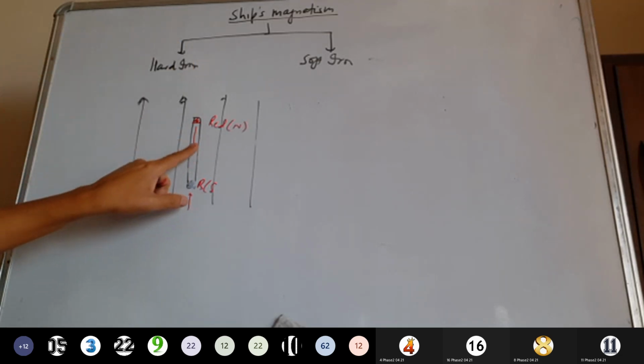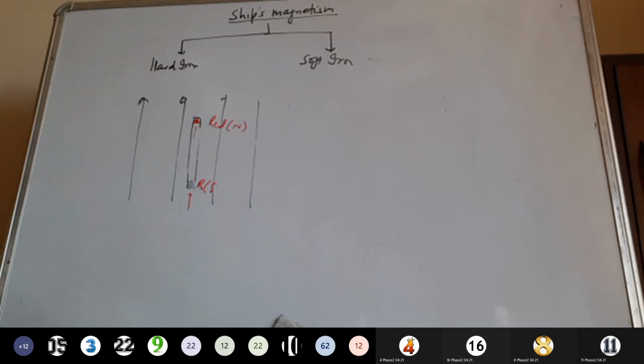Okay. So similarly, when the ship is being built, the steel is receiving the induction from the Earth's magnetic field in the same manner as I have told you. So there will be blue poles and red poles created. So in the case of hard iron, what happens?